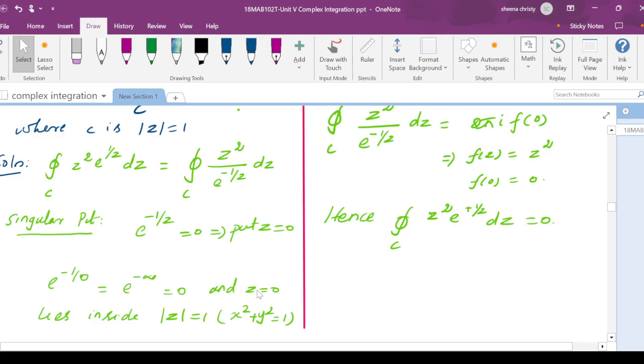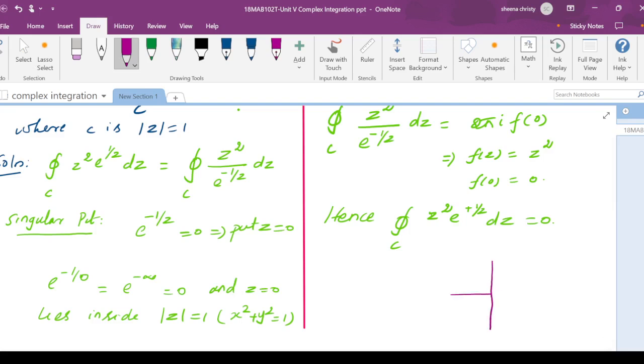Now we have to identify whether the singular point lies inside the contour. We know that the circle mod z equal to 1 is representing the unit circle with center 0, 0 and radius as 1. So definitely the point z equal to 0 lies inside the contour C, mod z equal to 1.